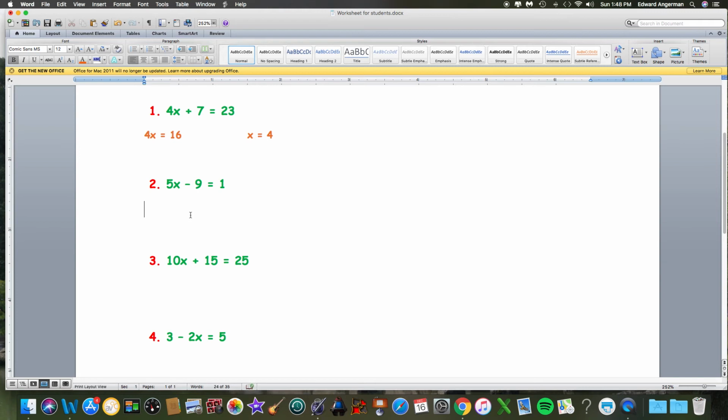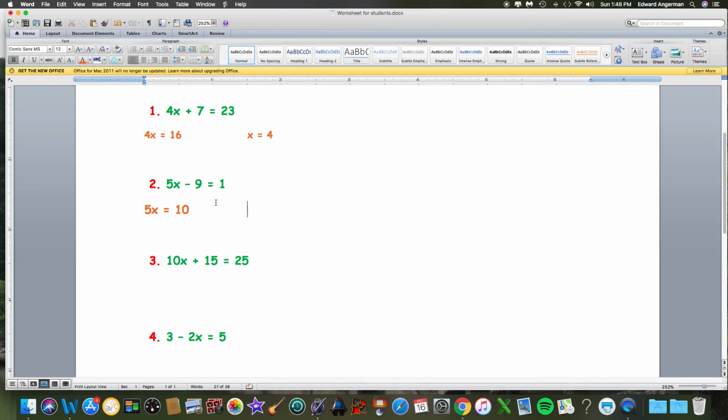Okay, same principle on number 2, almost, except it's 5x minus 9 equals 1. In this one, you're going to have to add 9 to both sides, which will leave you with 5x equals 10.